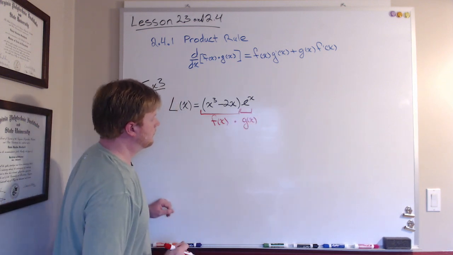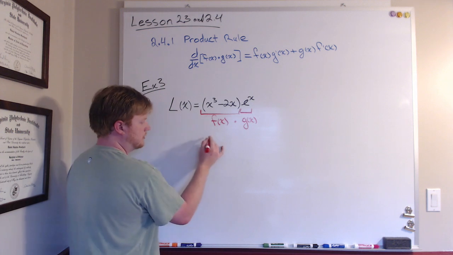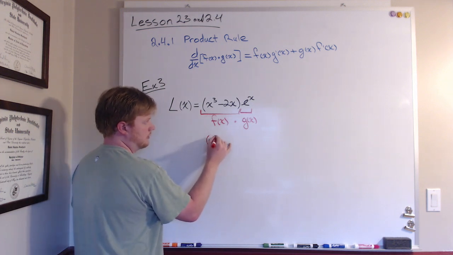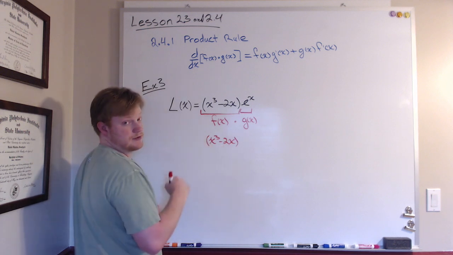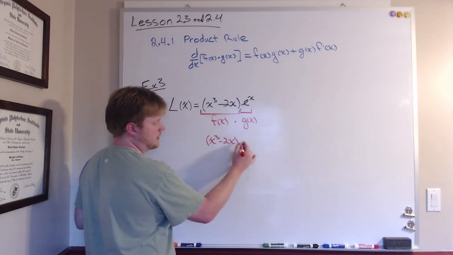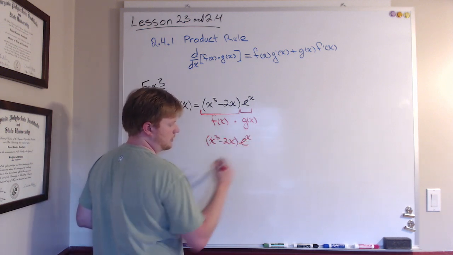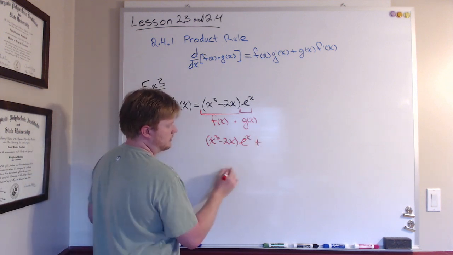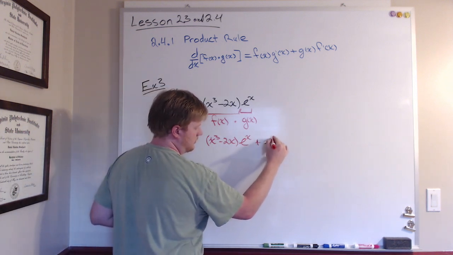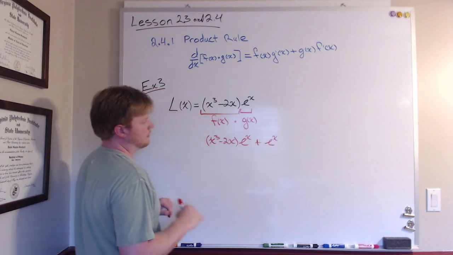All right. So first times the derivative of the second. The derivative of the second is just e to the x, because we just talked about how e to the x is its own derivative, plus the second times the derivative of the first.